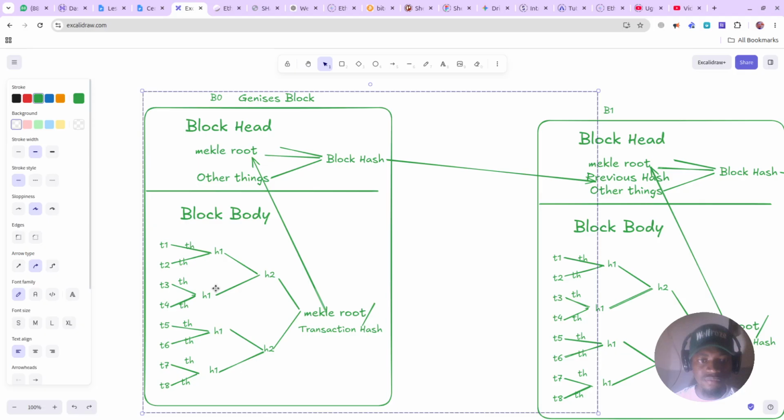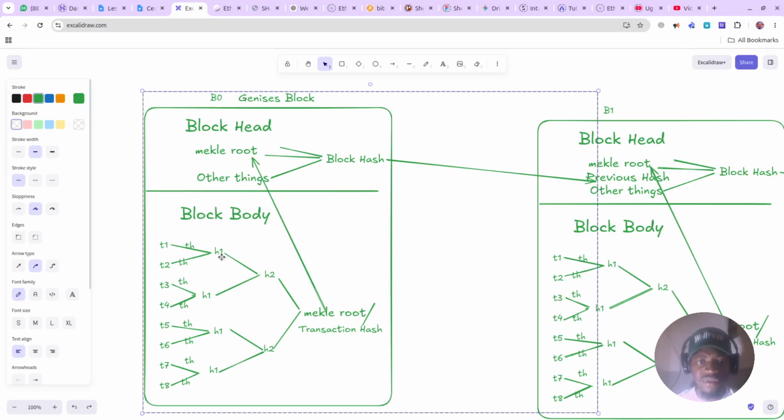So now, this output that you're having is a hash. This first one is the hash of two transactions that were combined together. Now, these two also are combined together again to produce another hash. So you can see how these things are linked together.